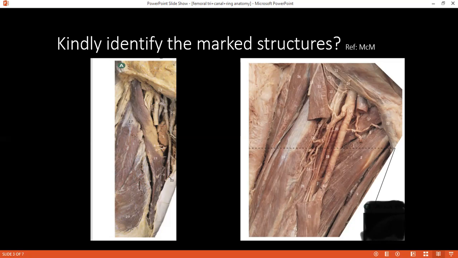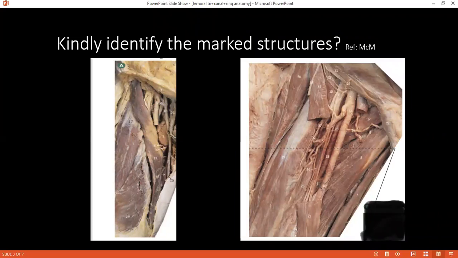Midpoint of inguinal ligament is the midpoint of the ligament that extends from anterosuprailiac spine to pubic tubercle, and it corresponds to the femoral artery. And the mid-inguinal point is the point between the anterosuprailiac spine and the pubic symphysis, and it is related to the deep inguinal ring.